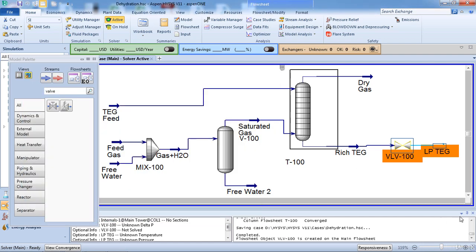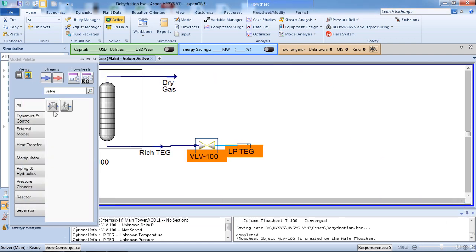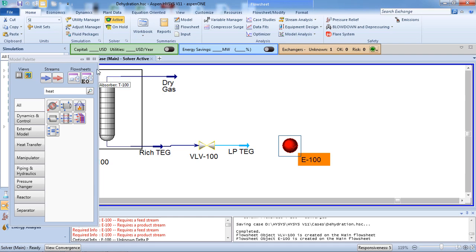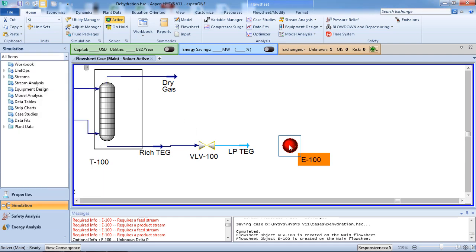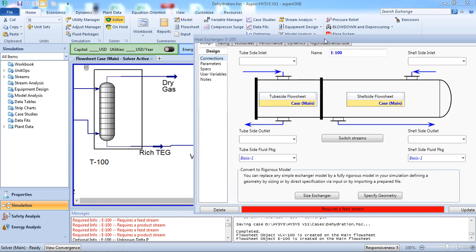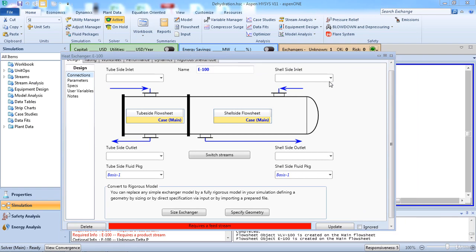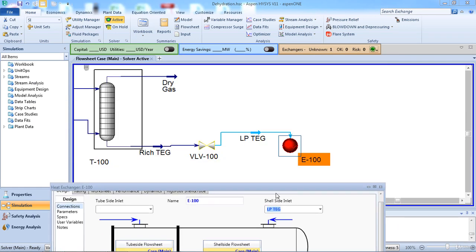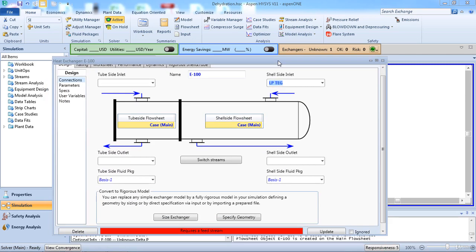Now let's add a heat exchanger. So shell inlet is LP triethylene glycol, which is coming from the valve, and shell outlet is regen feed.